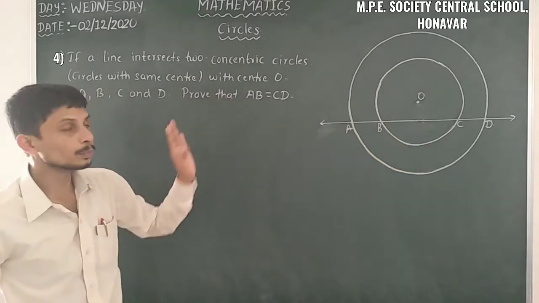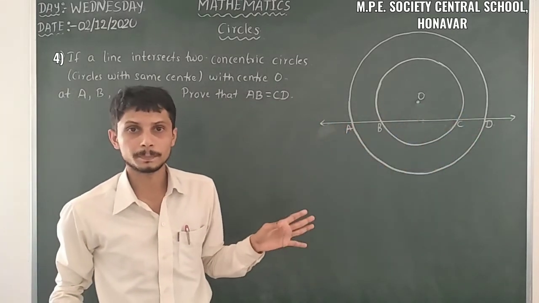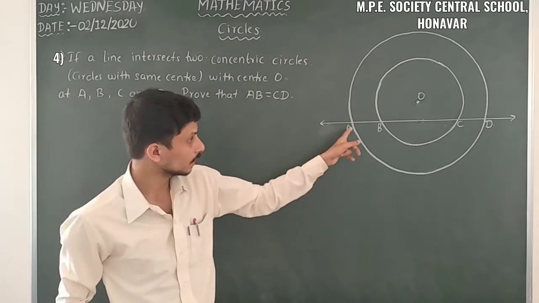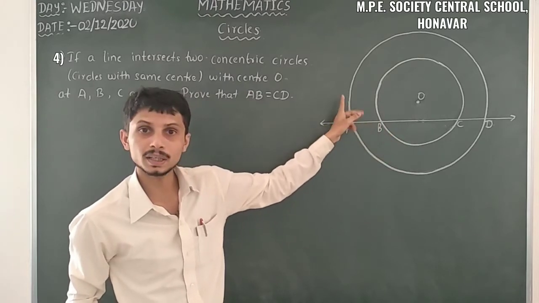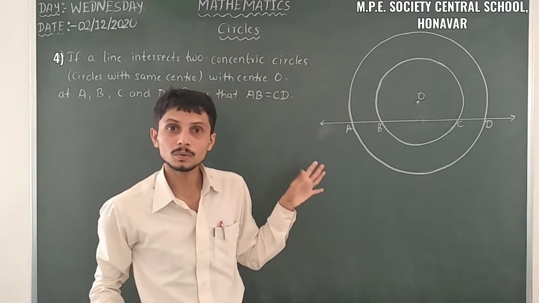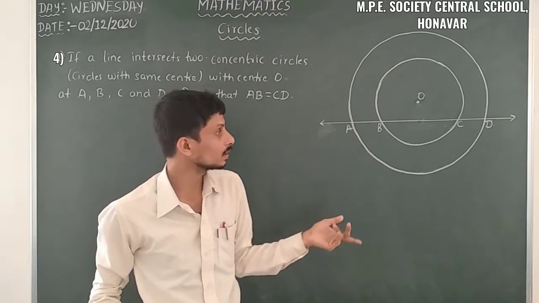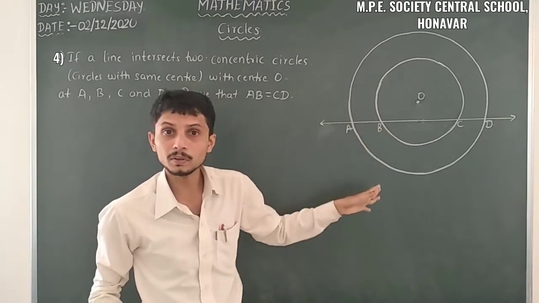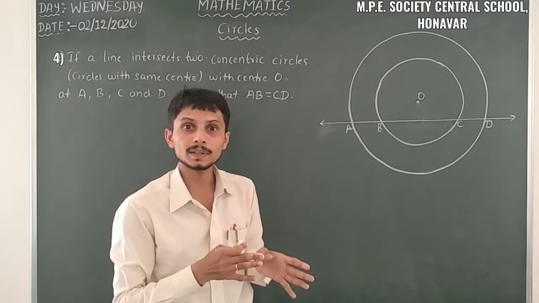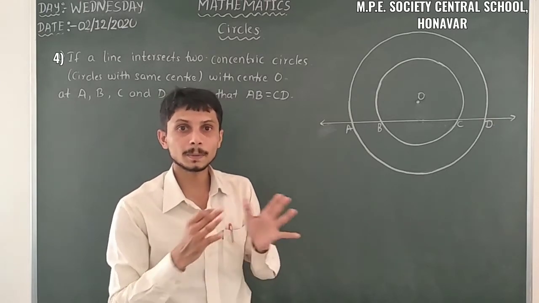We have to prove that AB is equal to CD. Here AD is a chord for the bigger circle and BC is a chord for the smaller circle. So we want a perpendicular distance. The perpendicular from the center splits the chord into two equal parts, so that point of intersection of the perpendicular line and the chord bisects the complete chord.